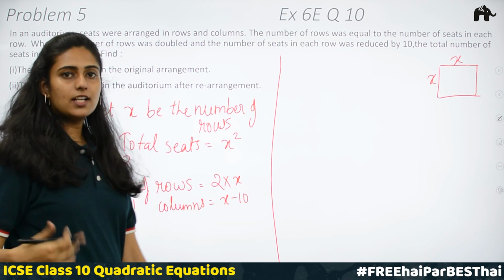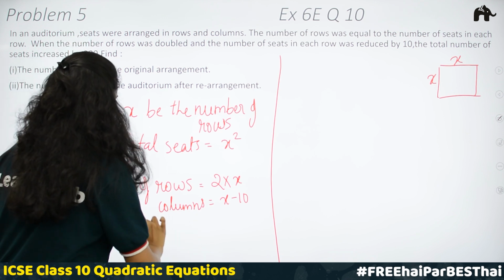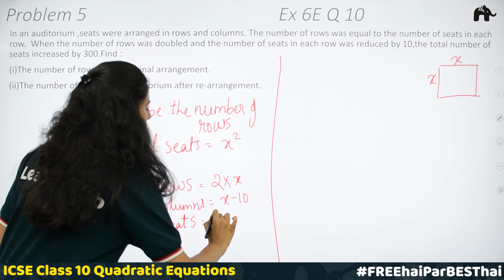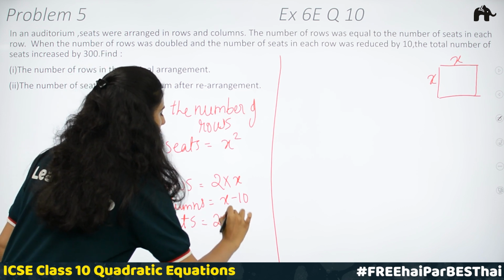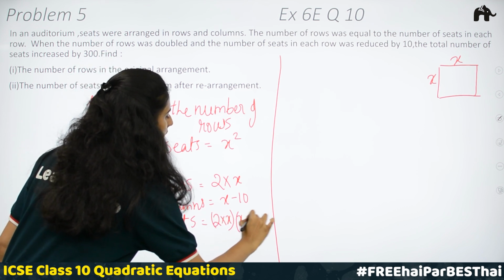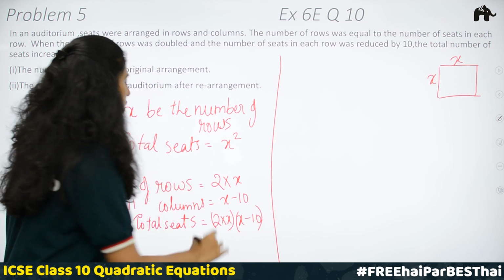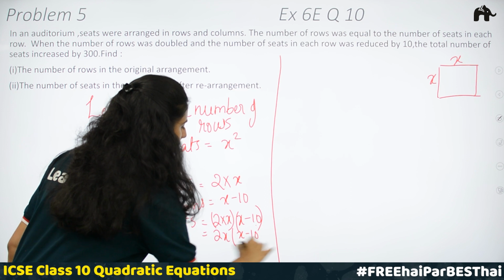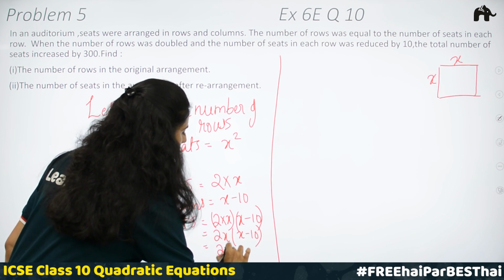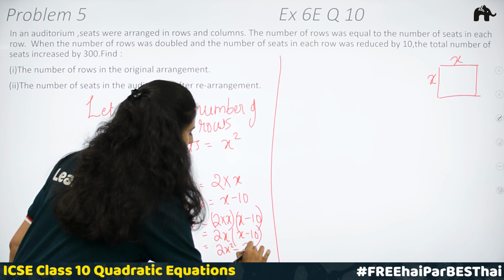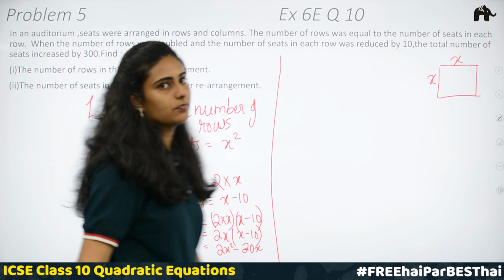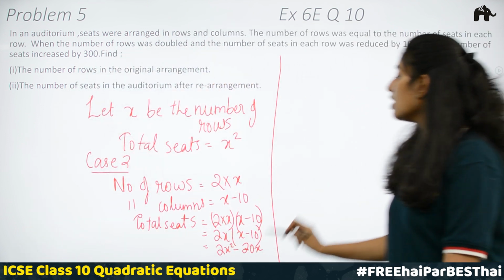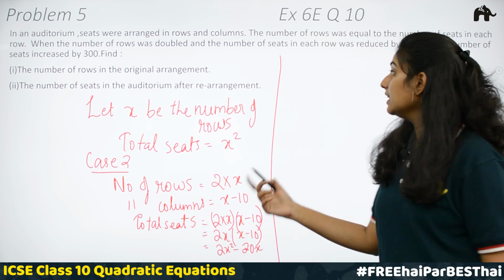Then what is the total number of seats? Total seats is equal to number of rows into number of columns, that is 2x into x minus 10, or 2x square minus 20x. So 2x square minus 20x is the total number of seats in the second case.